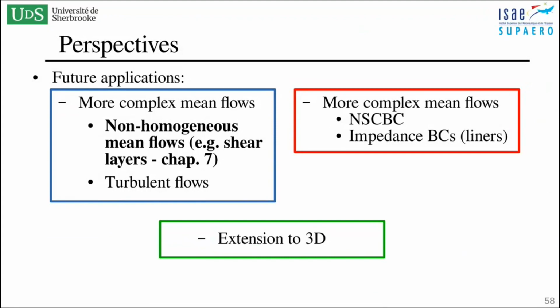So for example, to implement the NSCBC, the characteristic boundary conditions, for neural networks, or also taking into account, for example, some impedance boundary conditions for modeling liners. And then it will also be interesting to go towards more realistic 3D configurations, since this is what is required for designing actual aircraft or propulsion systems.